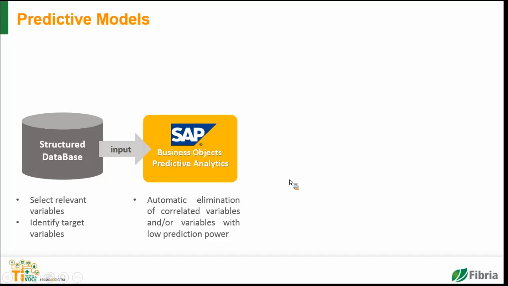That is going to do automatic elimination of correlated variables and variables with low prediction power.